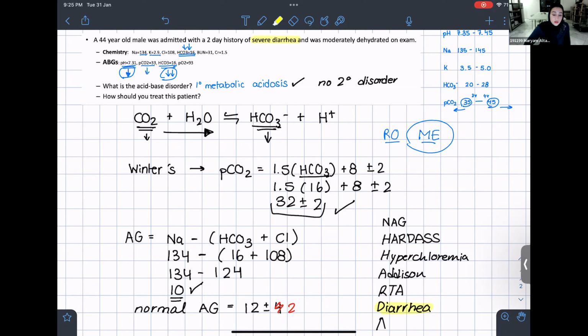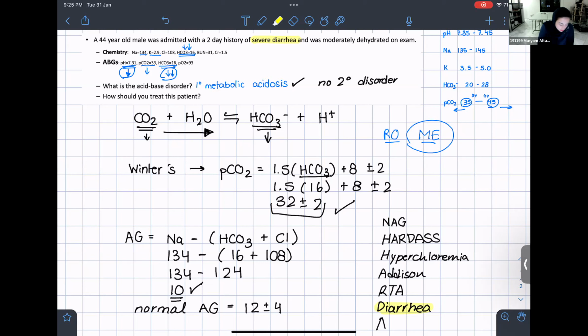Okay. So for the respiratory part, just so you guys understand the labs, what we first did is we put arrows next to everything. Right? So just because the PCO2 was a bit low doesn't necessarily mean that this was a respiratory alkalosis, or respiratory acidosis, my bad, because you have to look at the direction.